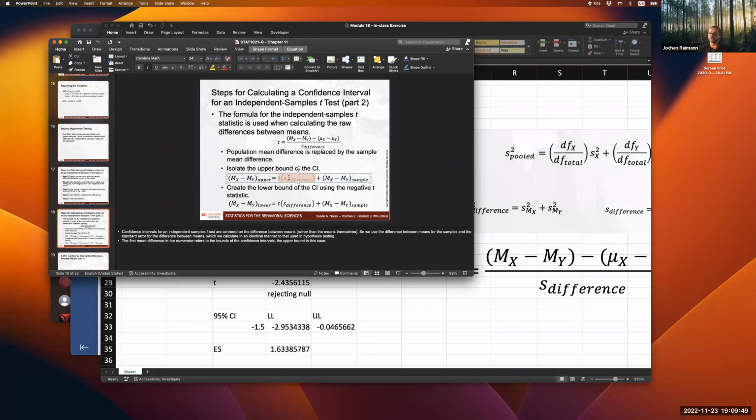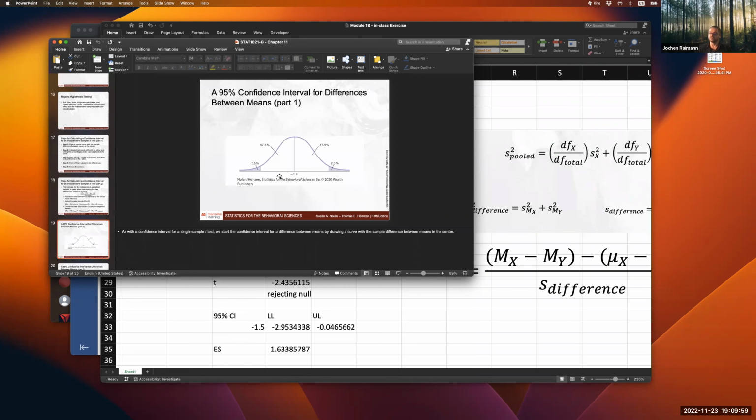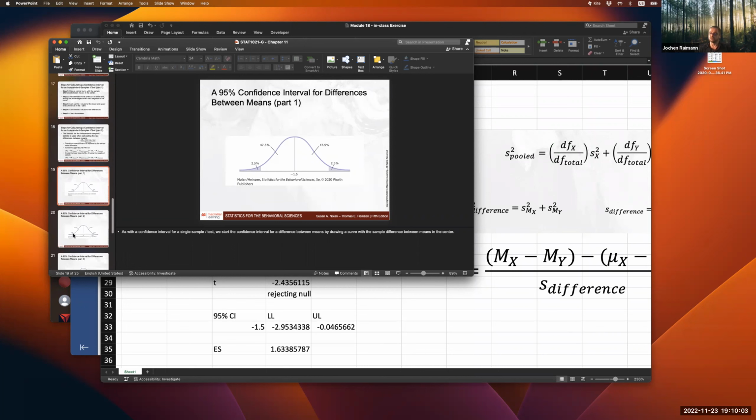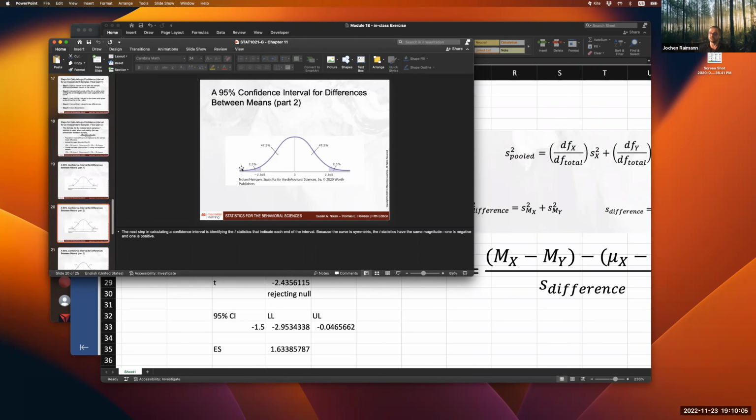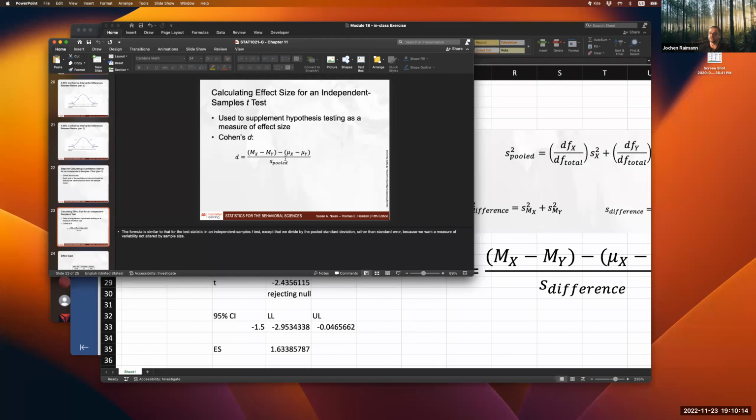This is our critical t, which gets us to our estimate of the 95% confidence interval, and then the numerical values, and lastly the calculation of our effect size.